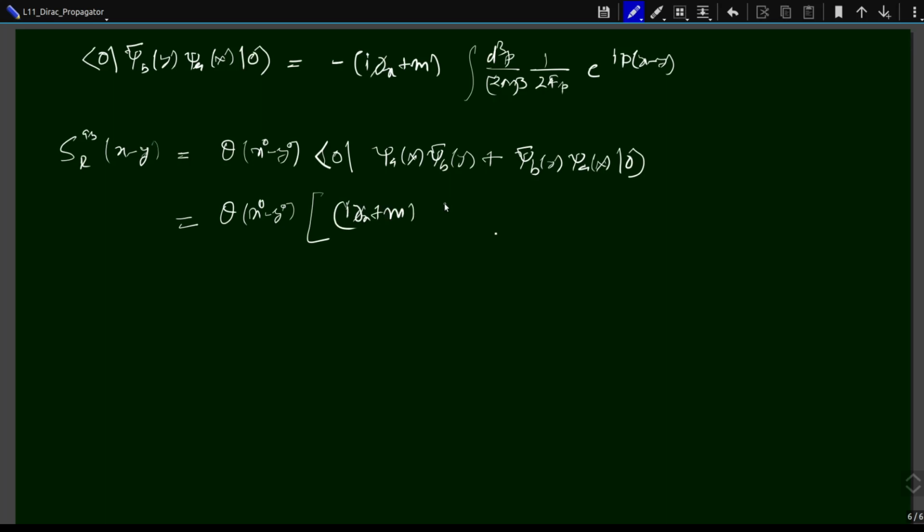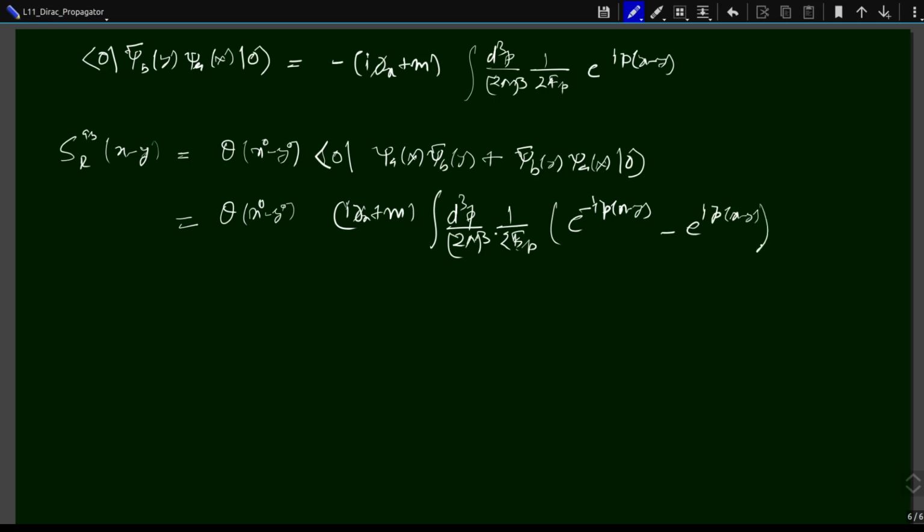The first term is i del x slash plus m acting on an integral d3p by 2 pi cubed, 1 by twice E_p, exponential minus i p dot (x minus y). That's coming from the first term. The second term has exponential i p dot (x minus y).